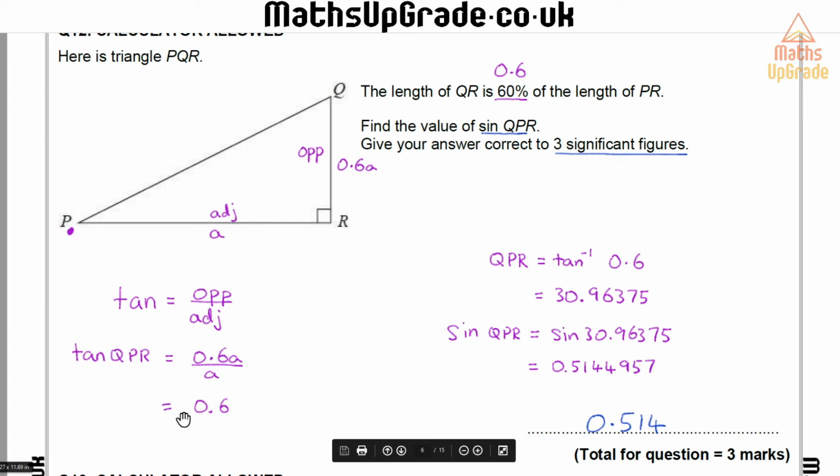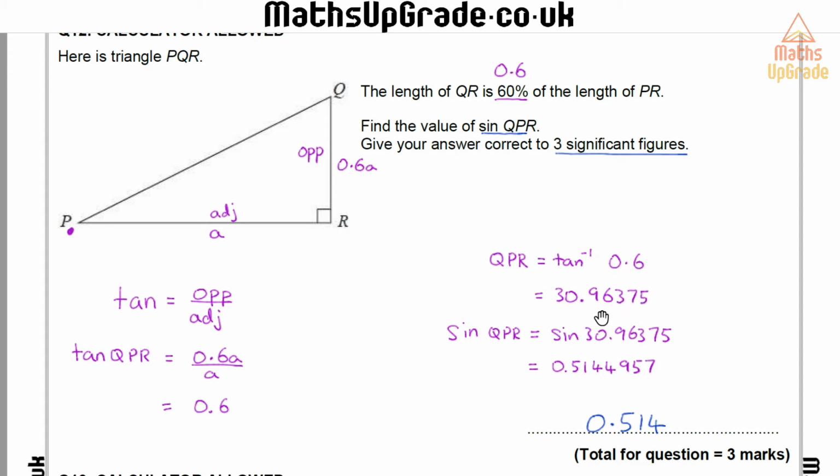Now, since I need to get the sin of QPR, I'm going to rearrange this equation so that QPR is the subject. So I need to get rid of this tan, and the inverse of tan is just shift tan. So shift tan 0.6 is equal to QPR, and that gives me a value of 30.96.